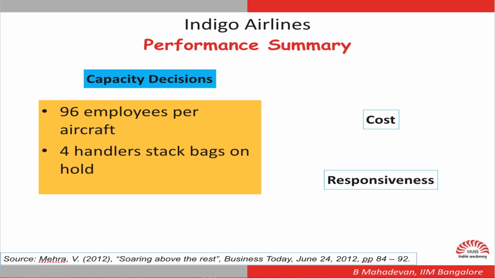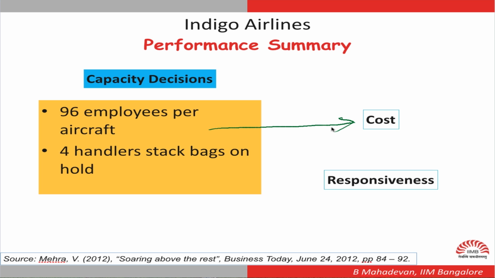For instance, Indigo Airlines has on an average 96 employees per aircraft. Another airline might have more or have less. So the question is, what is the impact of this? One knows for sure that this will directly affect the cost in some ways.